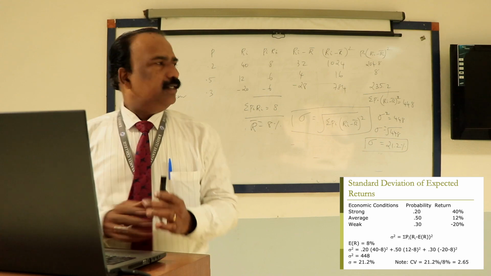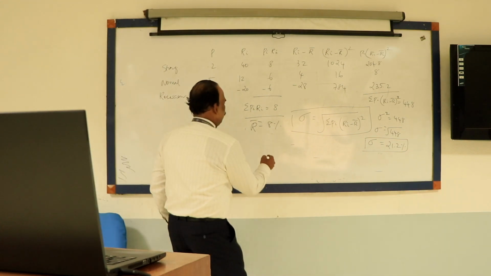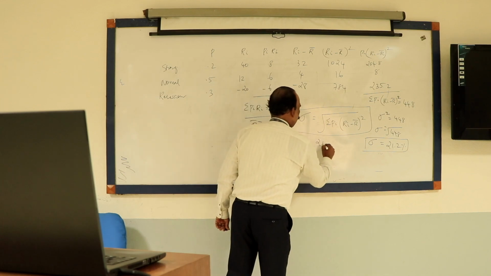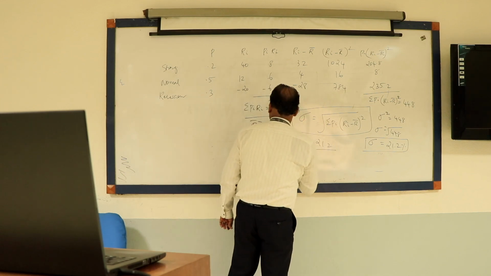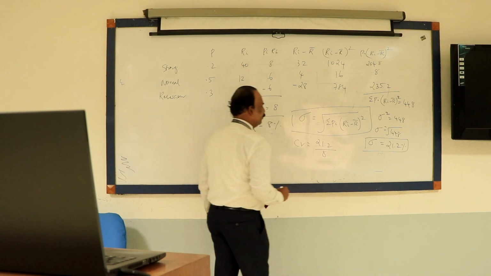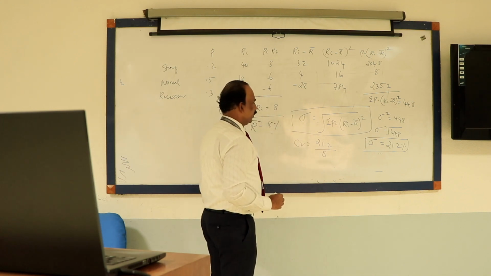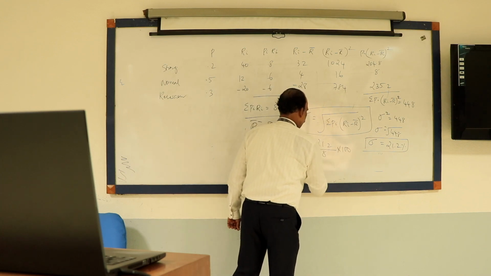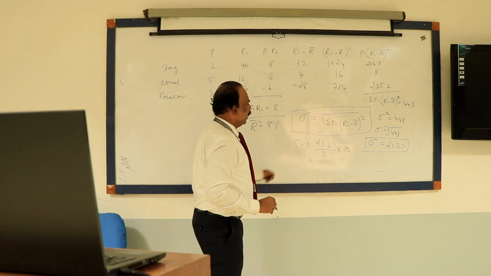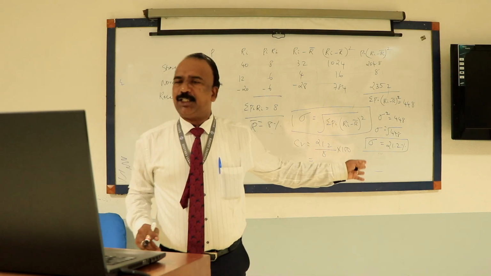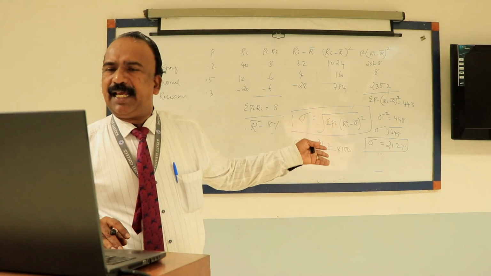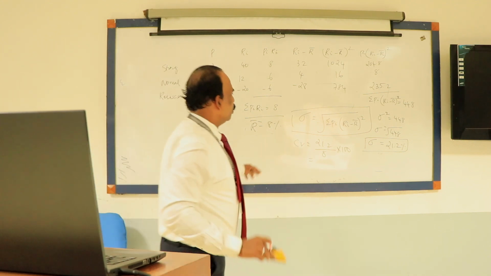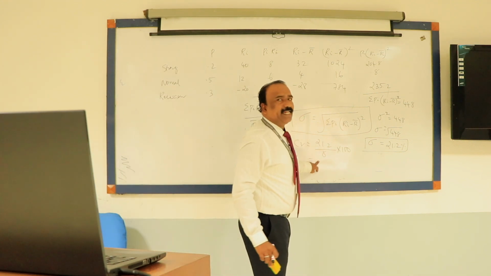CV we can do. CV, the coefficient of variation, is the standard deviation 21.2 divided by 8. In the previous case we multiplied by 100. You can multiply by 100, no problem, but since the values are given as percentages, you need not multiply by 100. 21.2 is a percentage and 8 is a percentage.